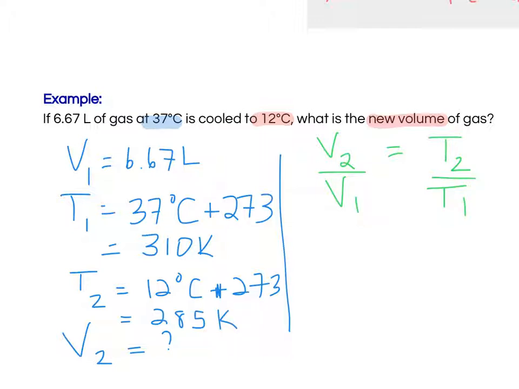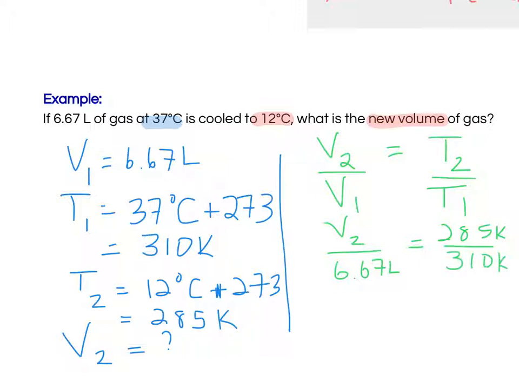Now I'm going to substitute in all of my known values. V1 is 6.67 liters. My T2 was 285 Kelvin, and my T1 was the 310 Kelvin.